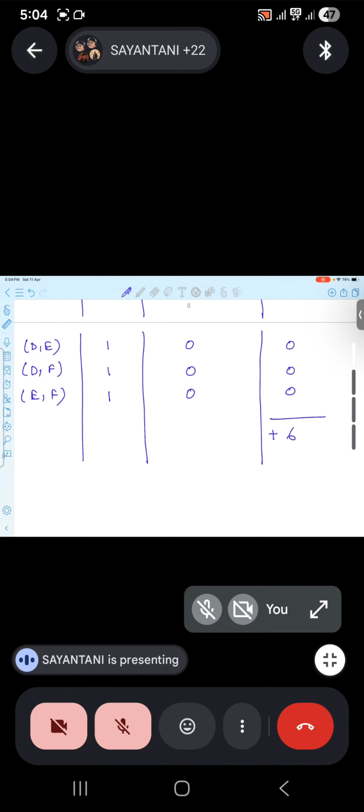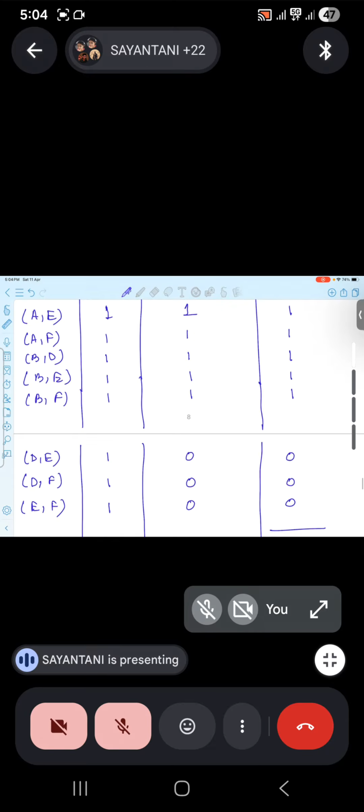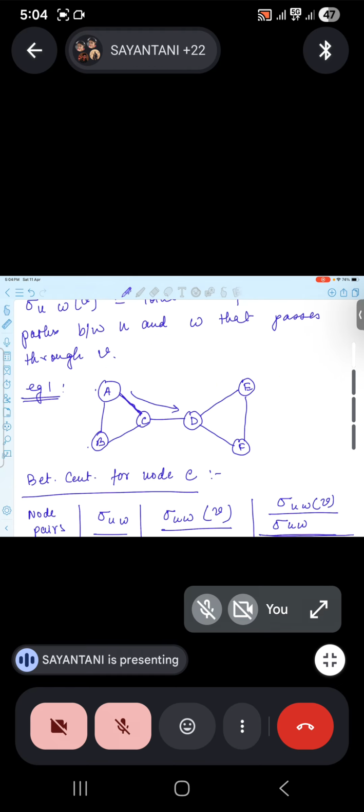If in the same process you calculate the betweenness centrality value of node D, which is also a hub node in this case, that will also be 6. But if you calculate the value of other nodes, which are not hub nodes like A, B, E, F, they are going to have a lesser value as compared to C and D. So from these quantitative values, you can understand which particular nodes are acting as hubs.